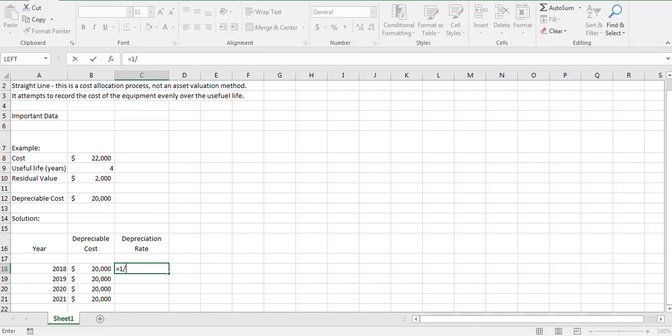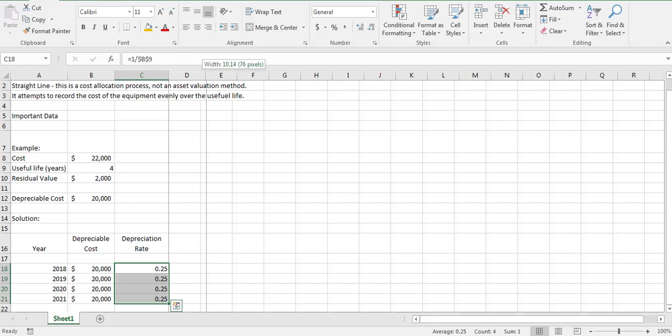The depreciation rate is basically 1 divided by the useful years. That will give you the percentage. Remember that you have to include all the years when you are calculating the depreciation rate, since the sum has to be 1, that is 100%.